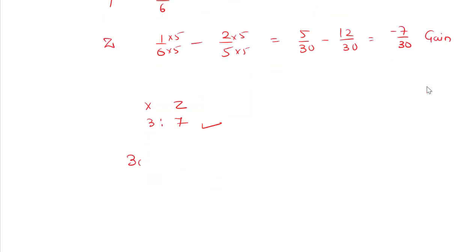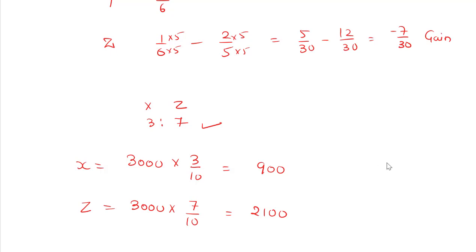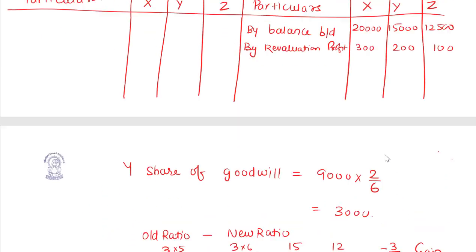So goodwill, that is 3,000, is distributed in this ratio: X 900, Z 3,000 multiplied by 7 by 10, 2,100. I believe you understood.